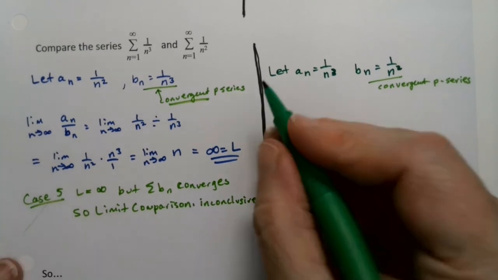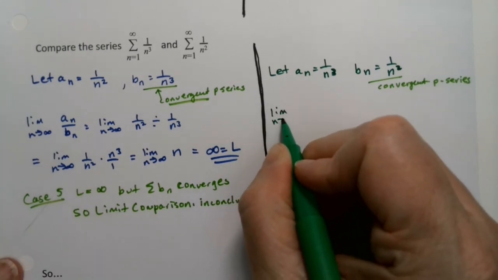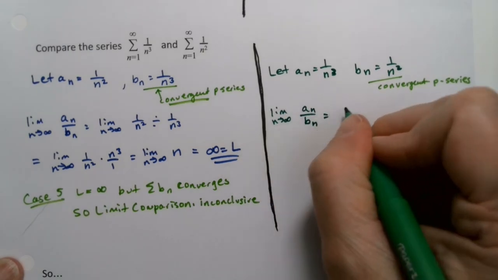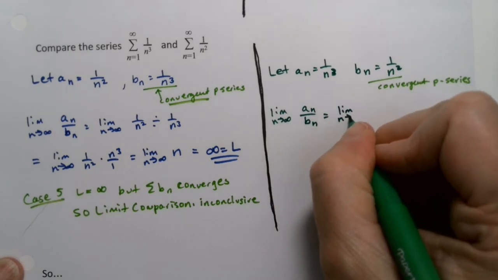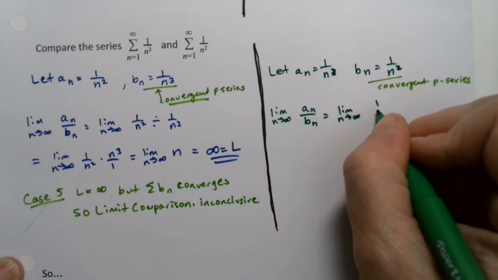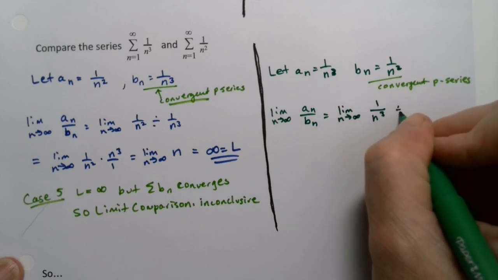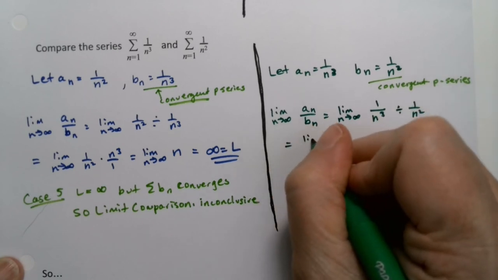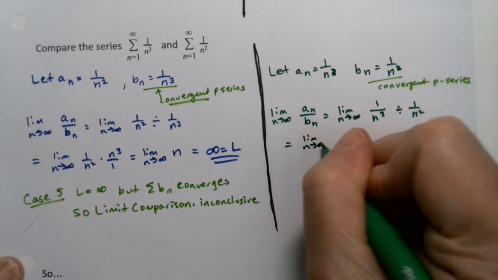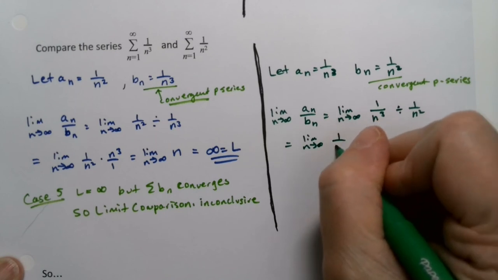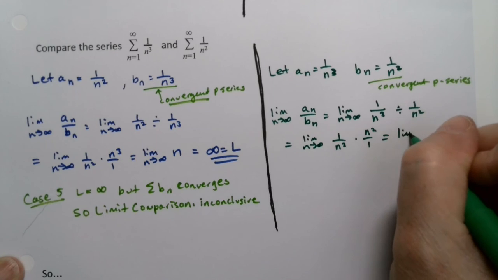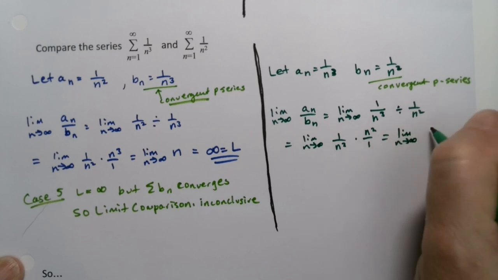So then I can find the limit as n goes to infinity of a sub n over b sub n. That's the limit as n goes to infinity of 1 over n cubed divided by 1 over n squared. That's the limit as n goes to infinity of 1 over n cubed times n squared over 1, which is the limit as n goes to infinity of 1 over n.